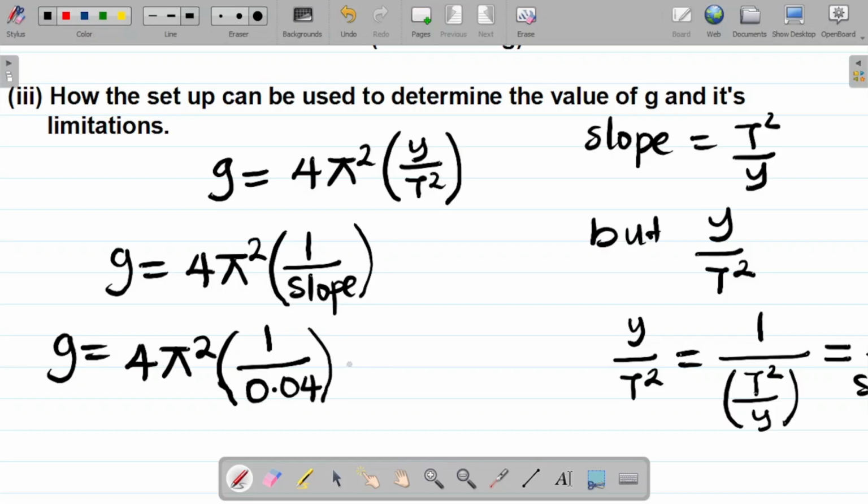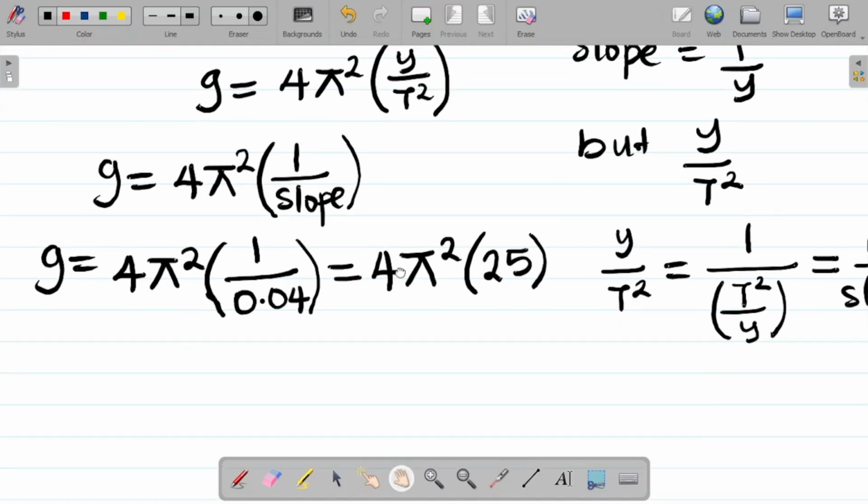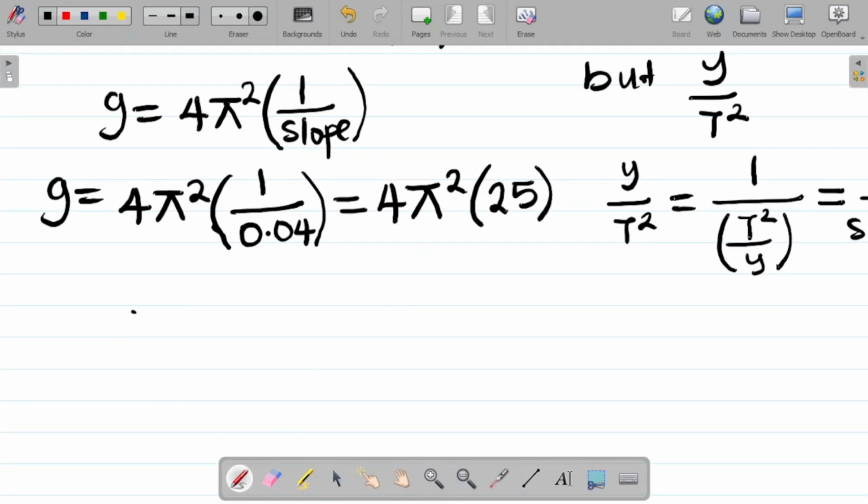That's 0.04. And this is equal to 4 pi squared times the inverse, which becomes 1 all over 0.04, and that's 25. So 1 over 0.04 gives 25. That means that g is equal to 4 pi squared times 25.